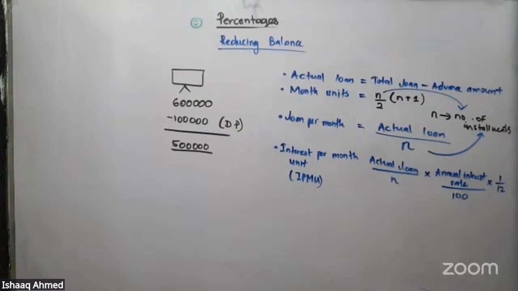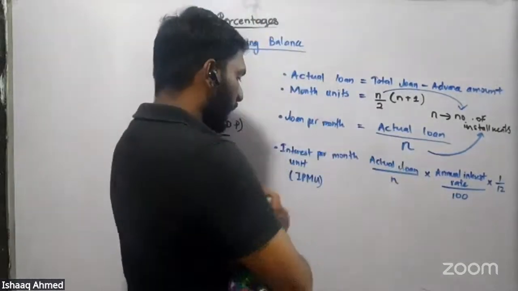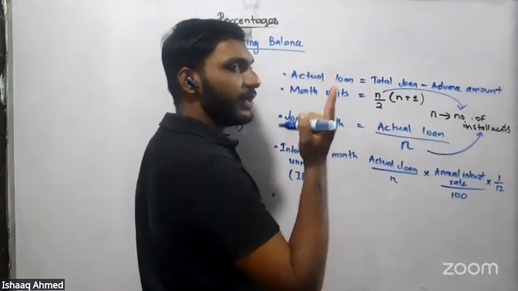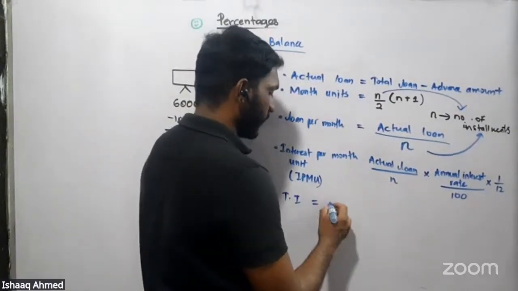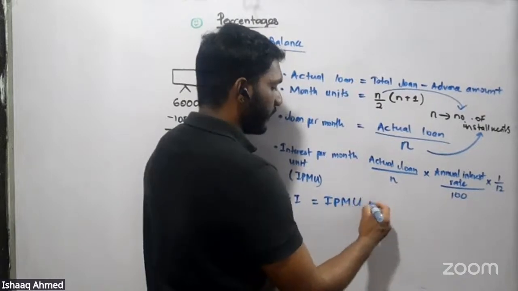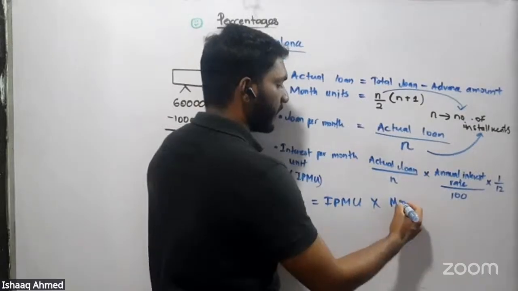Then you can calculate total interest. Total interest means what? Interest per month unit means for 1 month unit, how much is the interest? So total interest is interest per month unit into number of month units.